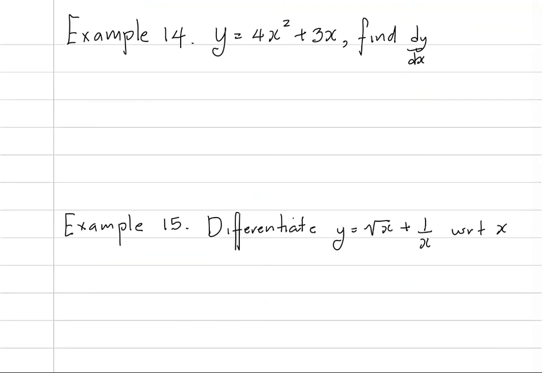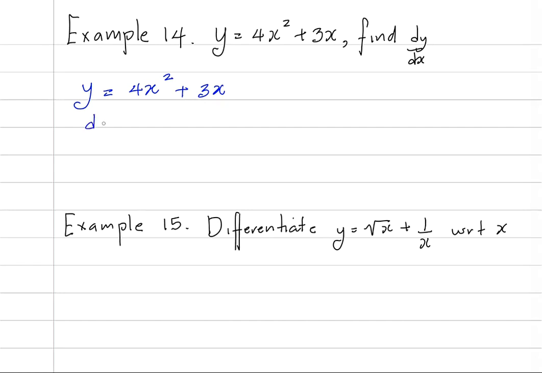Example 14. In example 14, y is equal to 4x squared. So that could be like our g of x, plus 3x, and that could be like our m of x. Now, when we differentiate, it is simply the differential of the first one plus the differential of the second one.